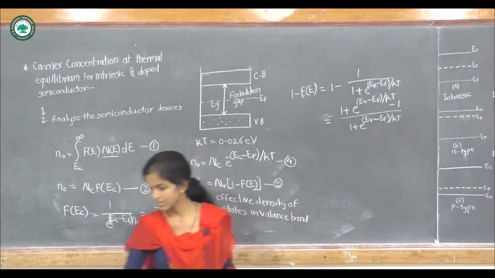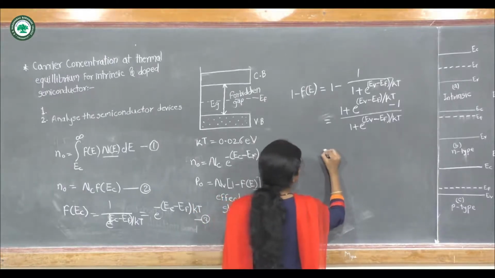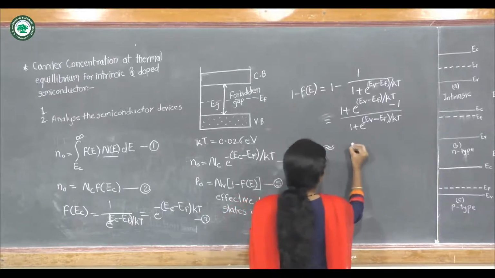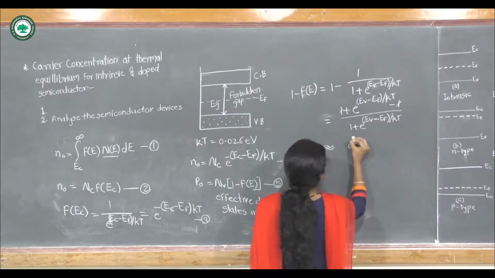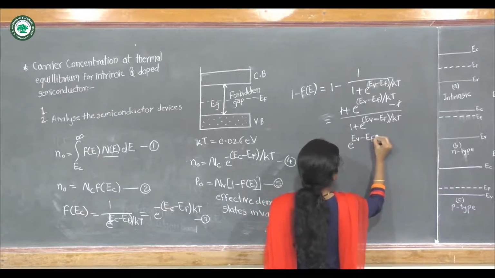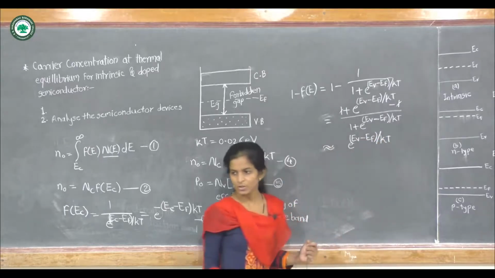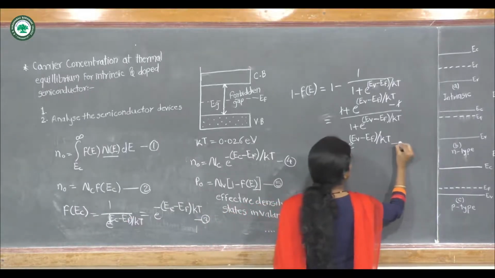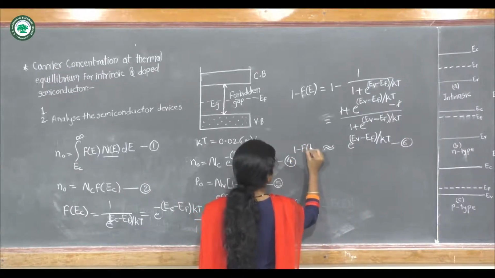So this 1 minus f of E is nearly equal to, as this 1 gets cancelled, it is nearly equal to e raised to (Ev minus Ef) upon kT. So this is equation number 6, 1 minus f of E.